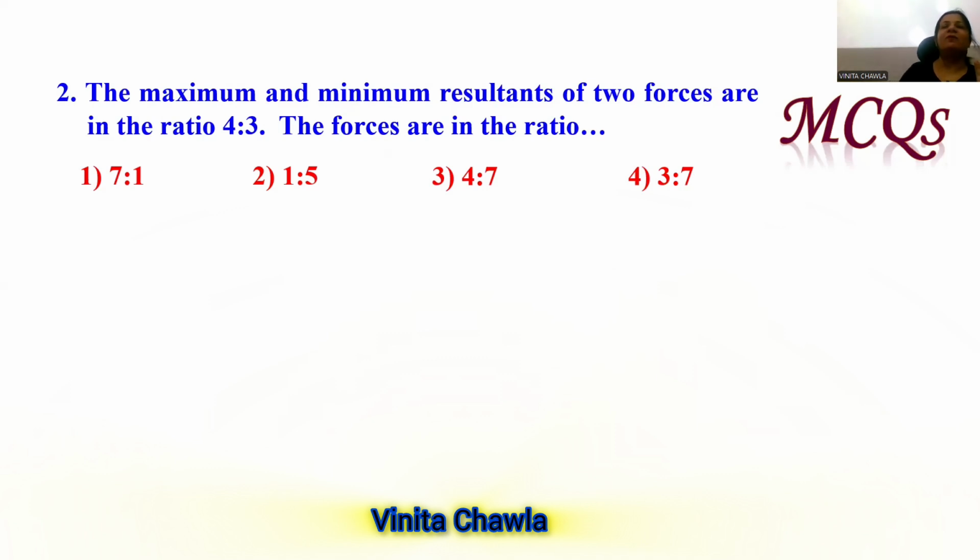When we take the angle between the vectors as 0 degree. And how do we find the minimum resultant? By taking the angle as 180 degree. F max and F min ratio is given. We have to find the ratio of the forces. Do it.